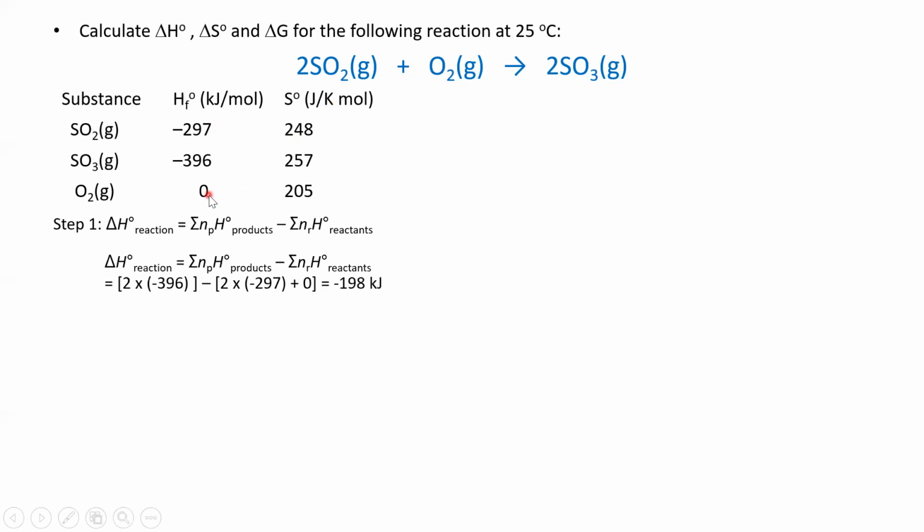The enthalpy of formation for oxygen is 0 because that's the free element. You've got to be careful with the signs when you plug that in the calculator. And you're going to get an enthalpy change for the reaction of negative 198 kilojoules.